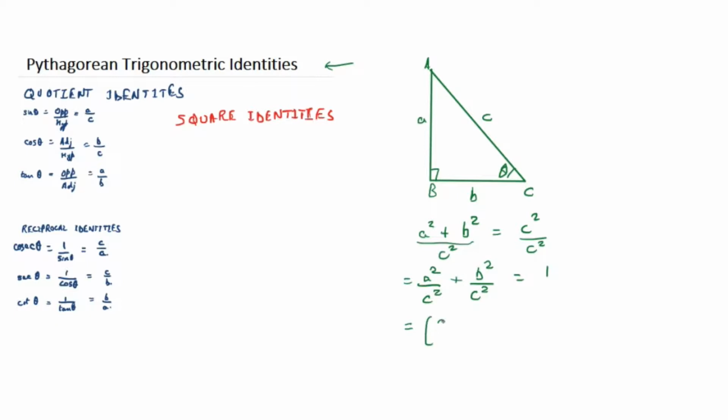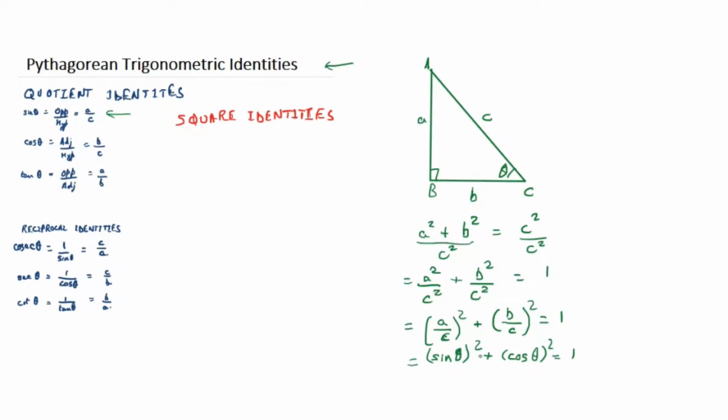I can also write this as (a over c) whole square plus (b over c) whole square equal to 1, and a over c is the same as sine theta. So I can write it as (sine theta) whole square plus (cos theta) whole square is equal to 1.